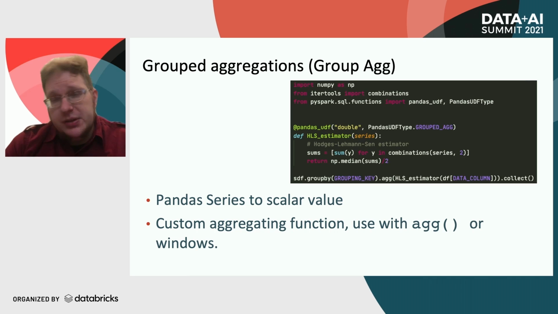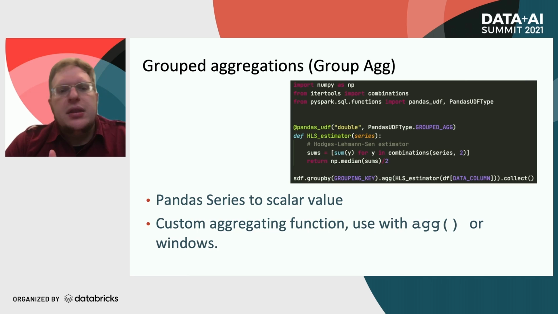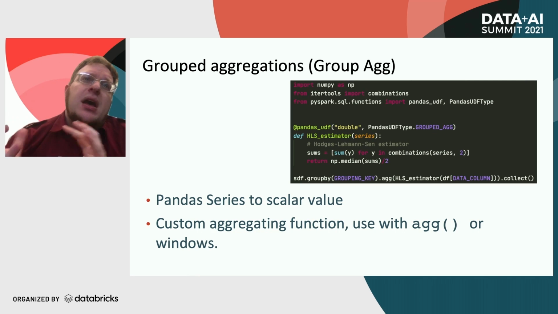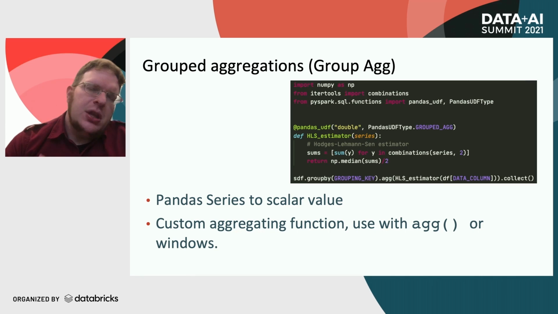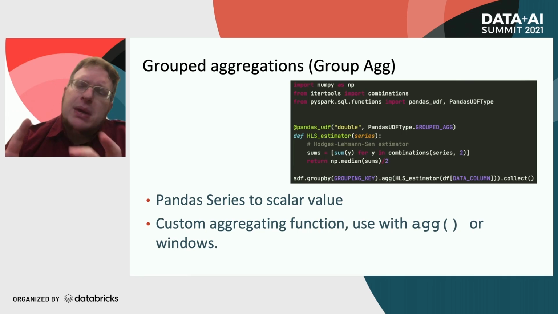And if you're in a situation where you need to use them, use them. But let's say you were looking at a more unique aggregation like the Hodges-Lehmann-Sen estimator. This is an estimator for location, much like mean or median, but it gets some nice benefits from both.